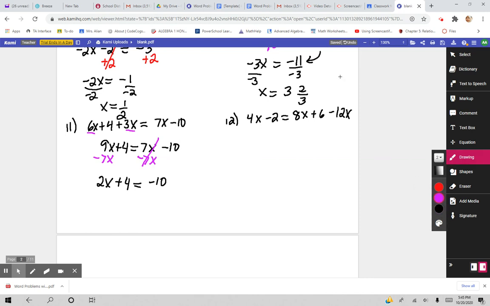Subtract 4 from both sides. So you'll have 2x equals negative 10 plus negative 4 is negative 14. Divide both sides by 2, and x equals negative 7.